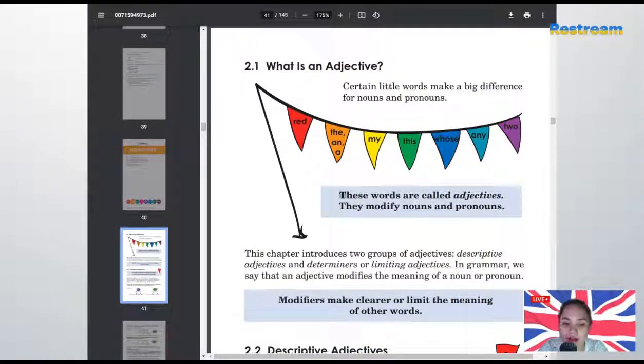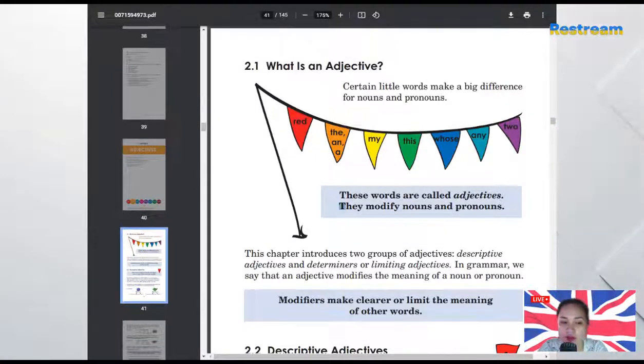These words are called adjectives, all of these: one, two, three, four, five, six, and seven words. Those are adjectives.